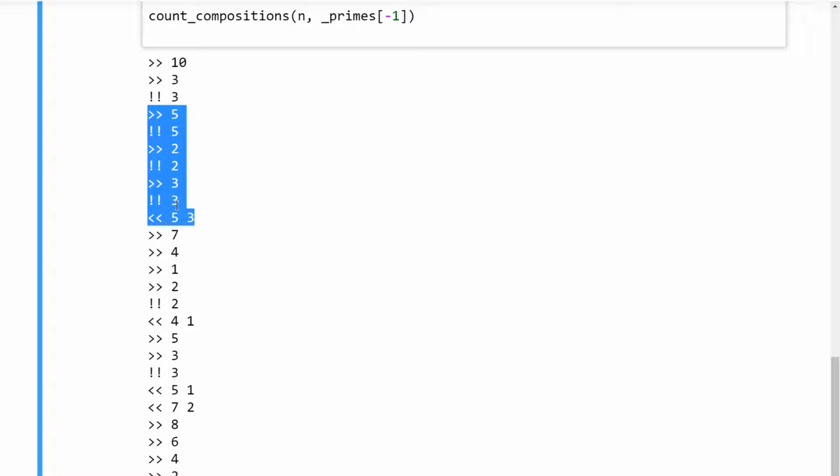Actually no. Yeah, we should be counting here with rest equals to 2 and not here. Because 3 is greater than the max p, probably.